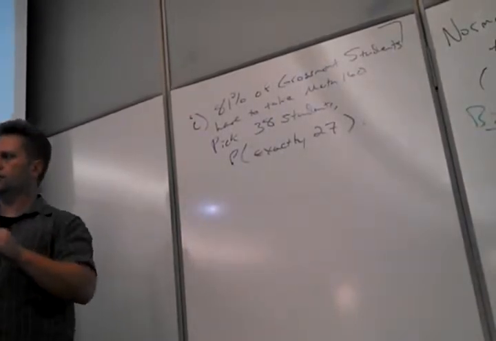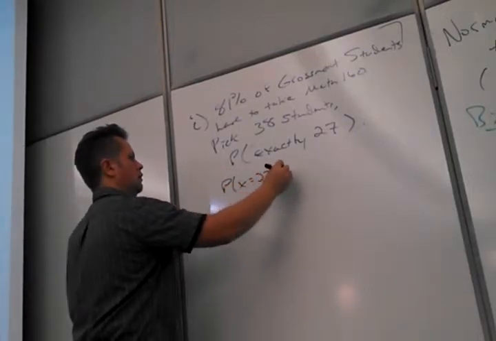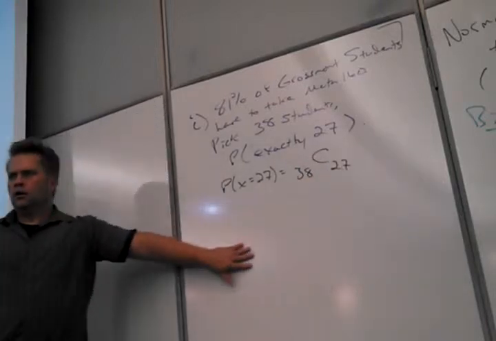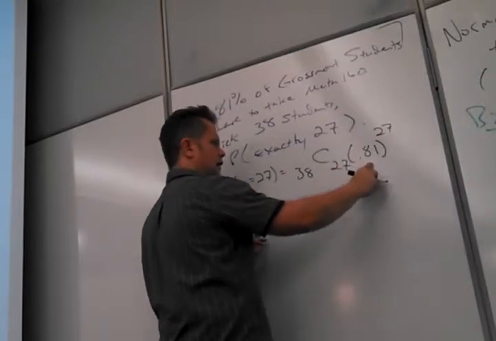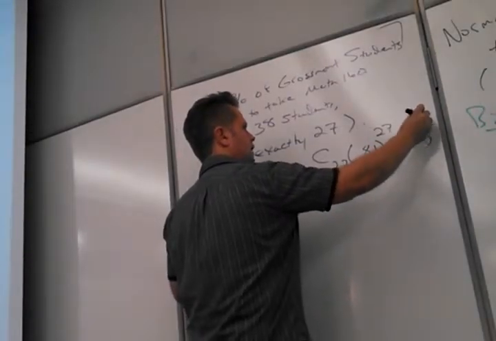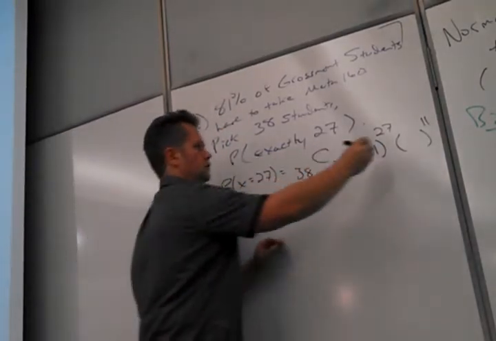This is just a review. So what would the formula look like? 38 choose 27. Yeah, I got 38 people. Choose 27, times 0.81 to the 27. Good. So I want 27 successes, which means 11 failures. And what's the failure probability? 19%.